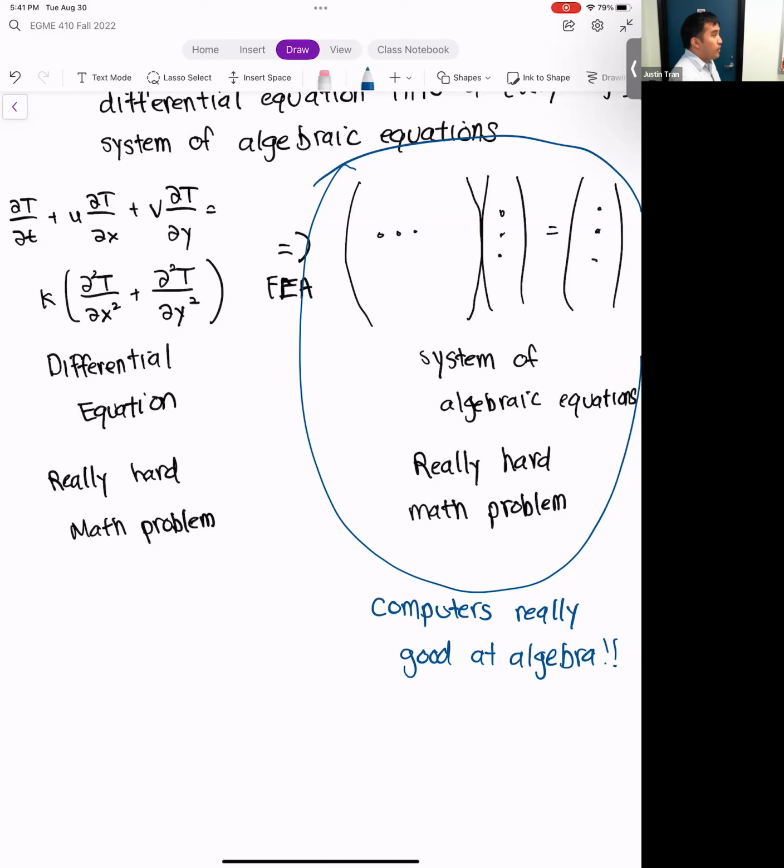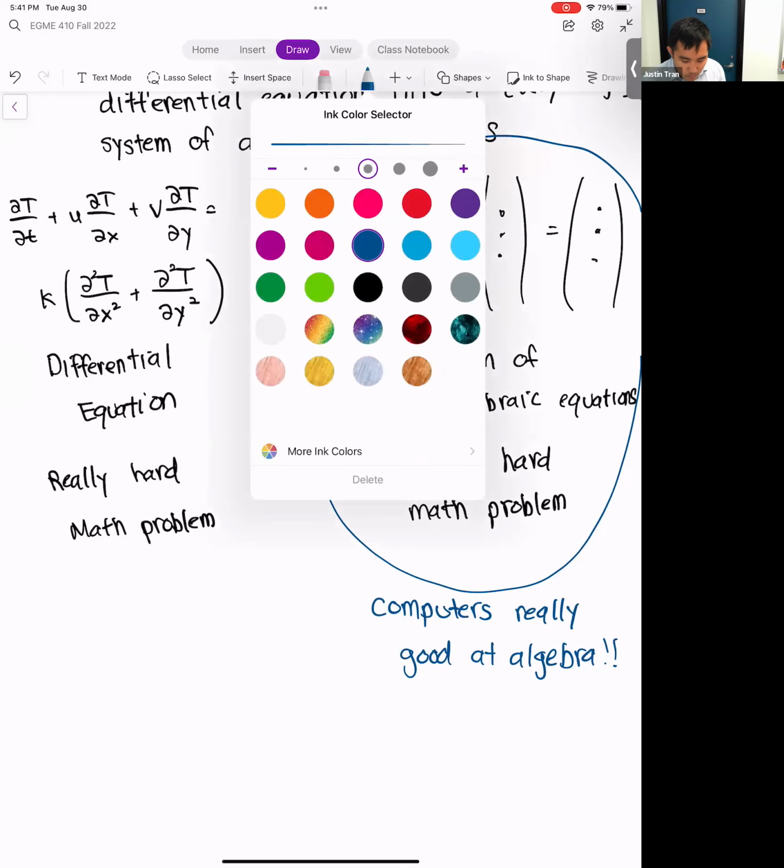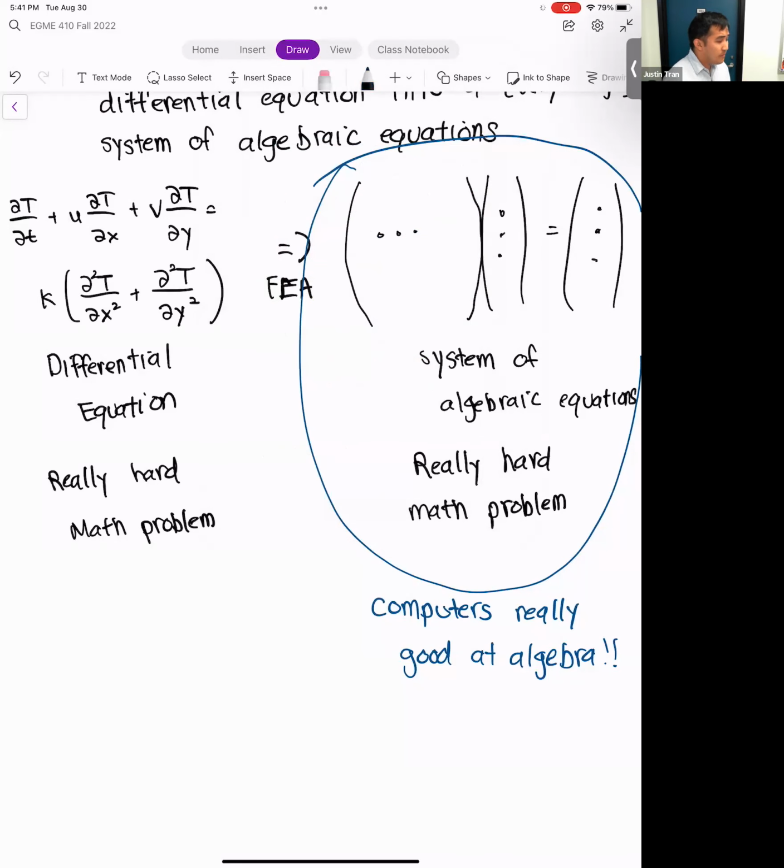Right. And so this was huge for FEA because a differential equation is really hard to solve, and it's really hard to get a computer to solve a differential equation too. But if you can get your differential equation into an algebraic form, then the computer is really good at doing this. We're not going to go into this, honestly, because it's a very advanced topic.